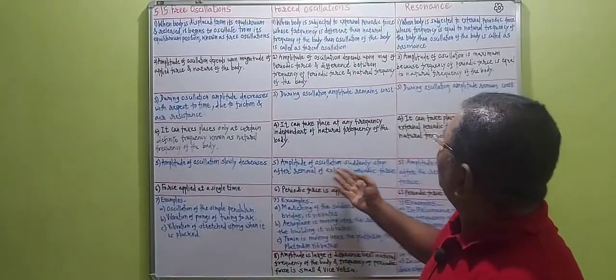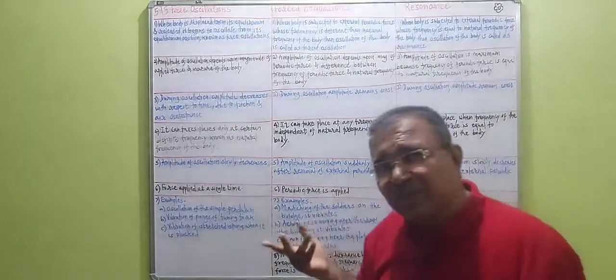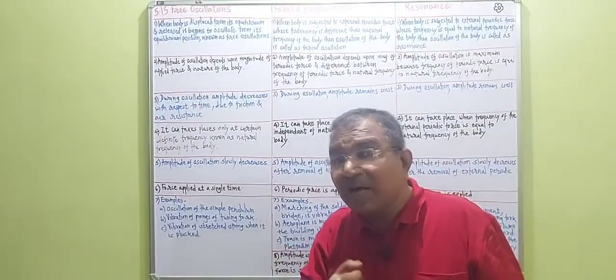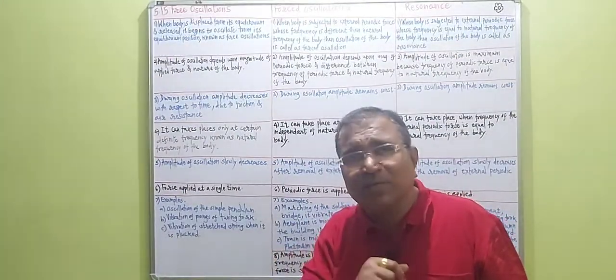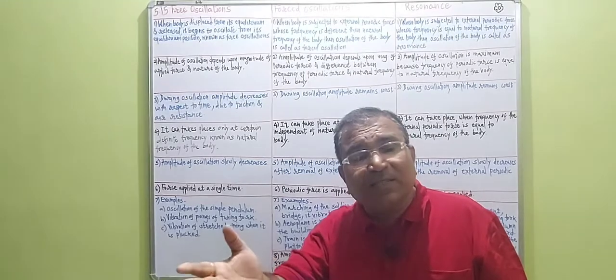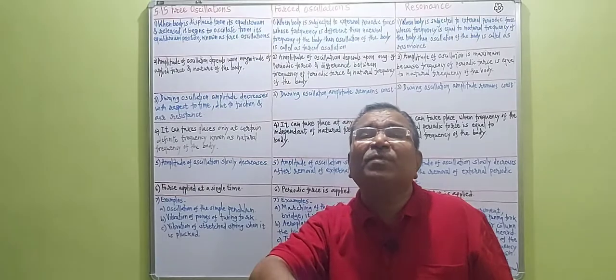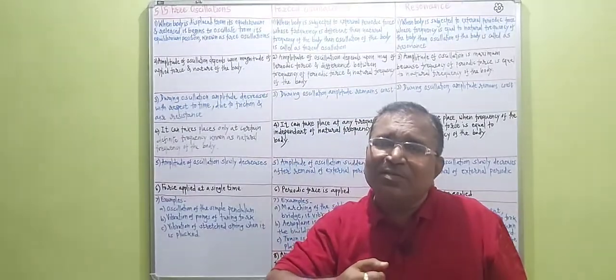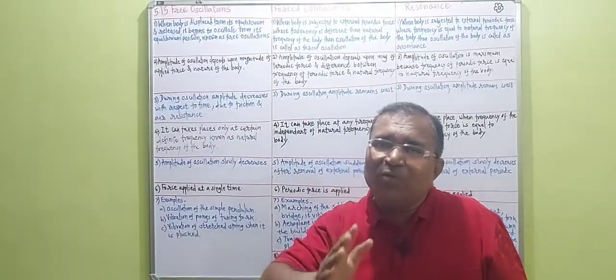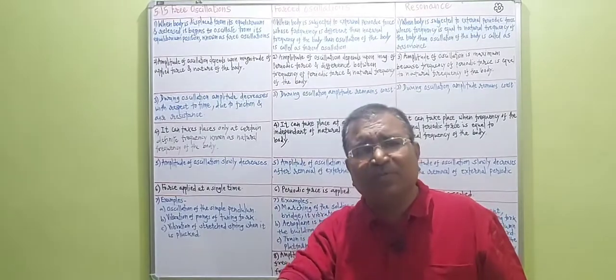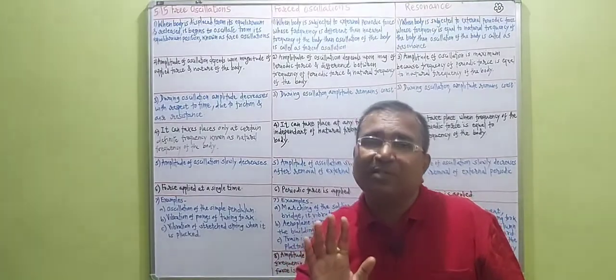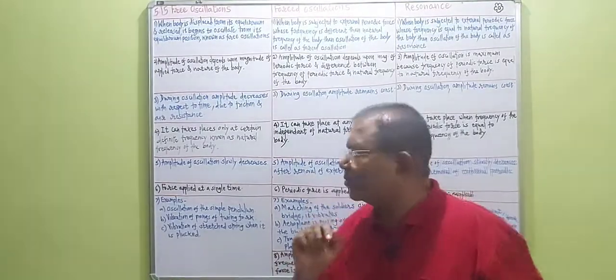And amplitude of oscillation suddenly stops after the removal of the external force, as I have already explained. As soon as the train ran away, the vibration of the platform stopped. So amplitude of oscillation suddenly stops when the periodic force is removed.